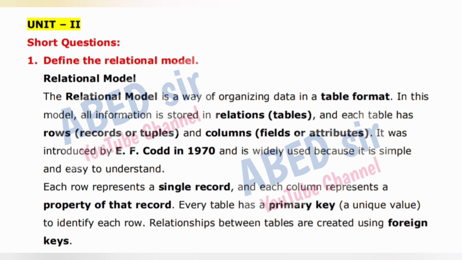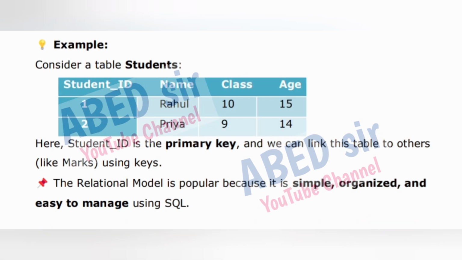Each row represents a single record, and each column represents a property of that record. Every table has a primary key, a unique value, to identify each row. Relationships between tables are created using foreign keys. Example: consider a table students.